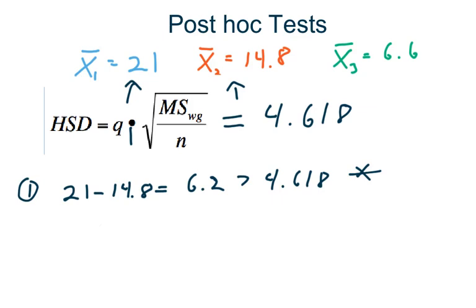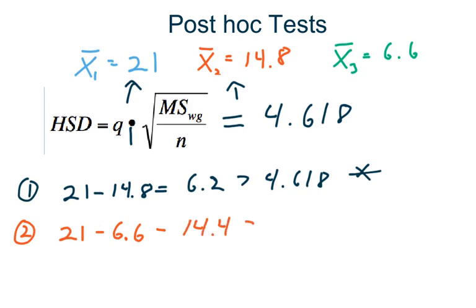We'll change colors and go for comparison 2 now. Let's compare, once again, required homework that had a mean of 21, and look at the difference between that and when homework was merely optional. That mean score was 6.6. Well, 21 minus 6.6 is going to be 14.4.